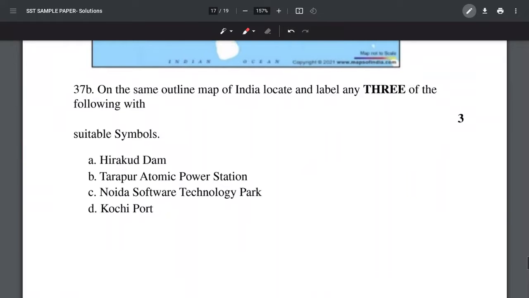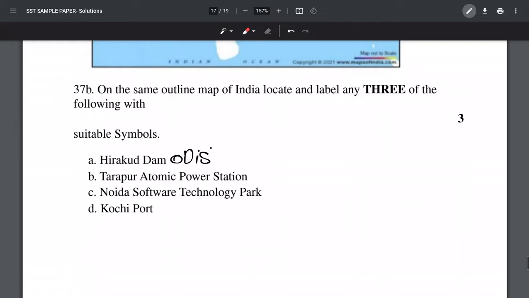On the same outline of the map, locate and label any three of the following with suitable symbols: Hirakud Dam, Tarapur Atomic Power Station, Noida Software Technology Park, and Kochi Port. Okay, so we have these places. Let's do the first one. Where is Hirakud Dam located? It's located in Odisha.